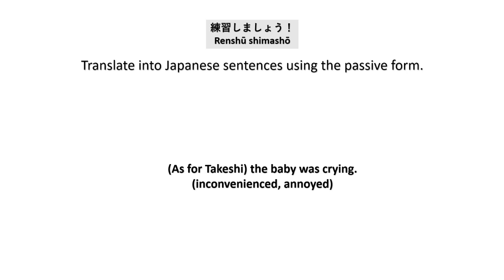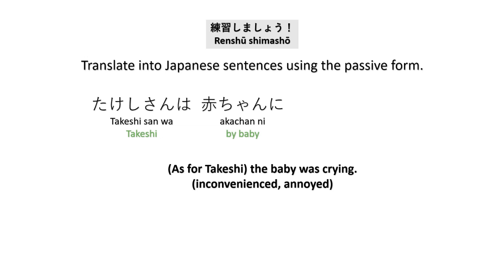As for Takeshi, the baby was crying. So this is a little bit tricky. As for Takeshi, the baby was crying, so it means that Takeshi was annoyed by the crying baby. Takeshi-san wa akachan ni nakaremashita.